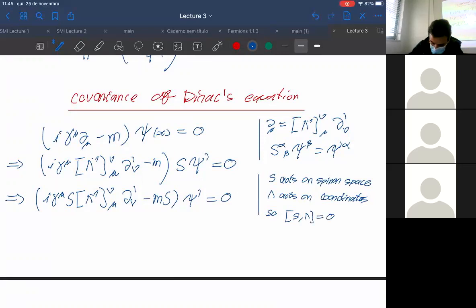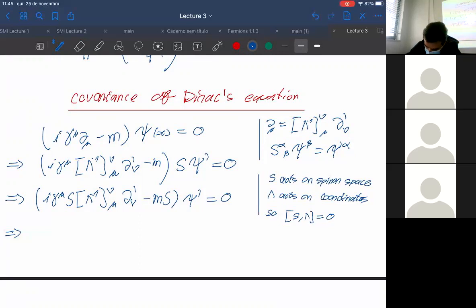So this is why we can put S here in this place. That's why we commuted: we put S to the left of the lambda matrix. Now we can multiply on the left because this is a unitary operator also.